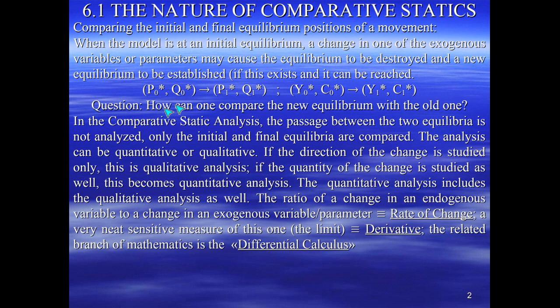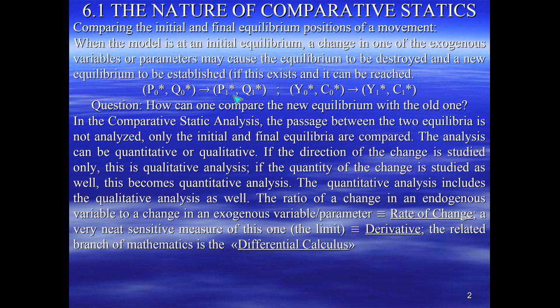So, for instance, here you see there is P0 star, Q0 star, which is the equilibrium position of price and quantity in a market, the initial equilibrium. And then the tastes of the consumer change, for instance. Then we obtain a new equilibrium.